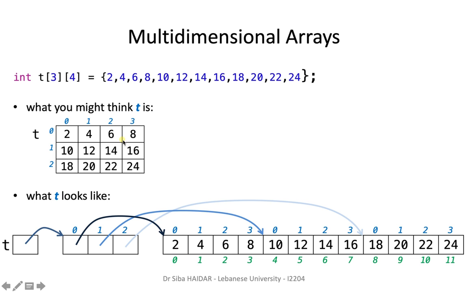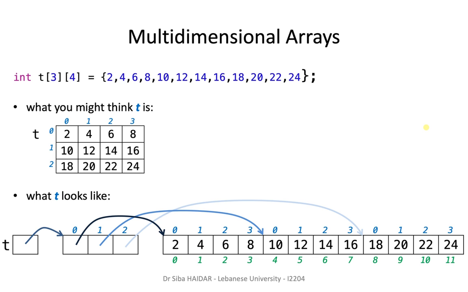So directly after the 8, there would be the integer holding 10. The elements are contiguous from 0 to 11 instead of from 0 to 3, 0 to 3, 0 to 3. So we can have a better way to iterate this array, since in reality it is a one-dimensional array. So whatever the dimension of multidimensional arrays, in reality they are 1D arrays.